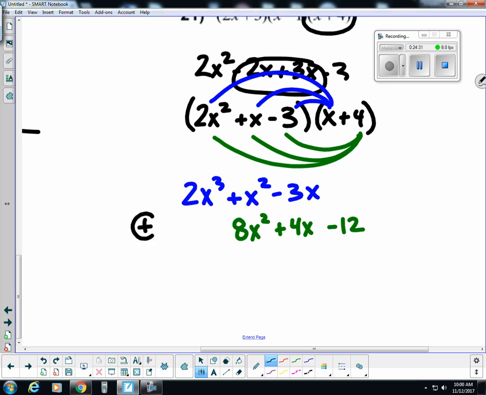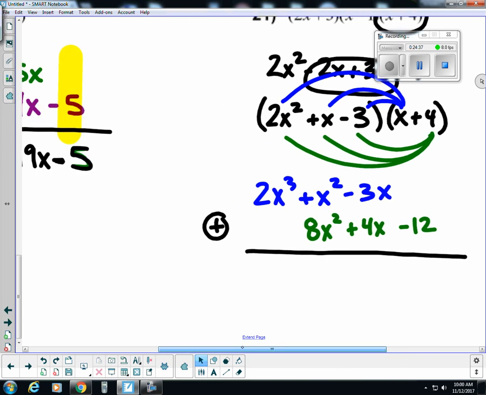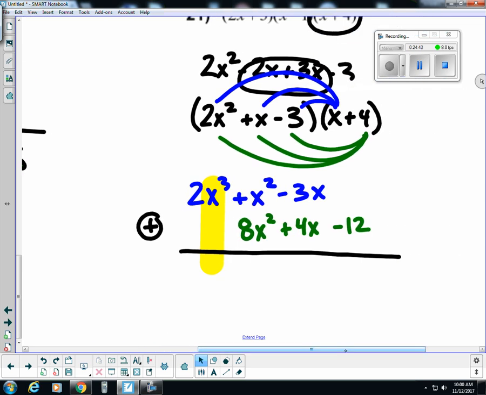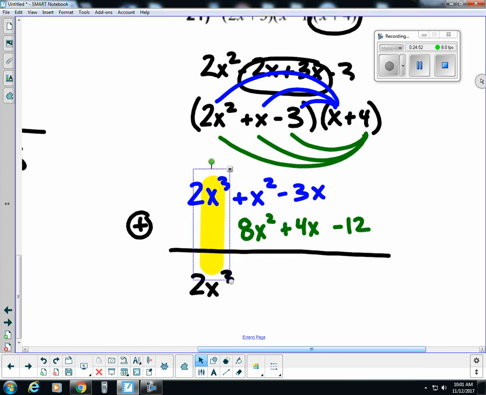Go ahead and add these together. So 2x cubed, nothing to add to it, so it's just 2x cubed. When we add the squareds together, 8x squared plus x squared is 9x squared.